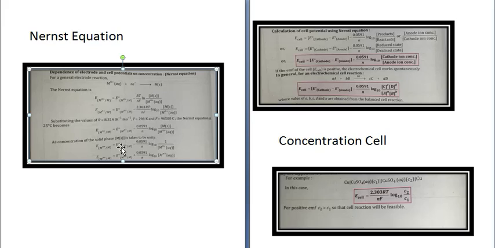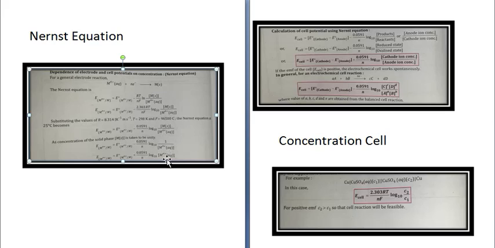Alright. As concentration of solid phase M is taken as unity or 1, this equation will become E(Mn+/M) = E0(Mn+/M) minus 0.0591 upon n log to the base 10 of 1 upon concentration of Mn+.